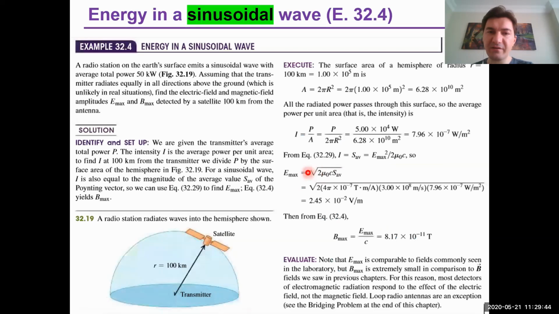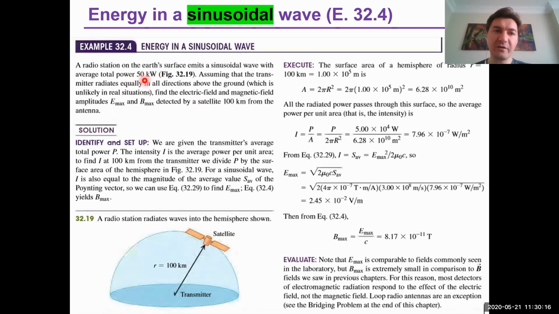It contains the average value of the Poynting vector. What about the average value of the Poynting vector? How to calculate it? It can be calculated by power per area, intensity. Intensity, which we have done in the previous transparencies, is the average value of the Poynting vector, and it can also be calculated by power per area.